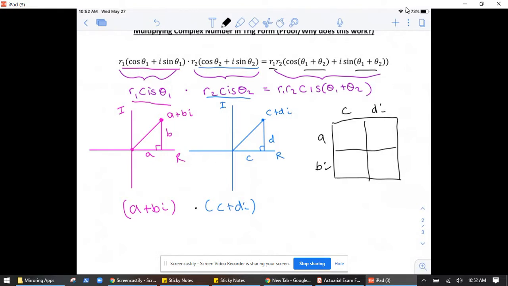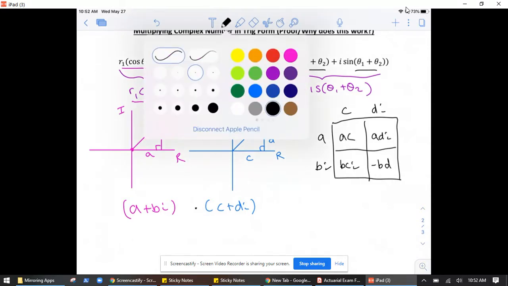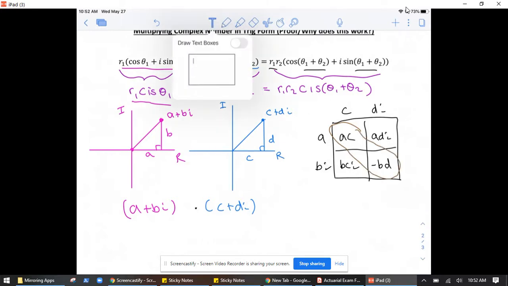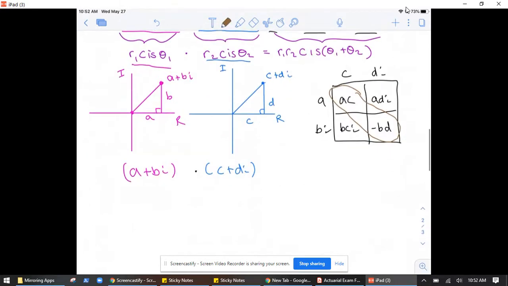When you multiply these two, you get AC. A times DI is ADI. BI times C is BCI. And BI times DI, since I squared is -1, you get negative BD. What I'm circling is going to be the real part of the answer. Remember, a complex number has a real and imaginary part.